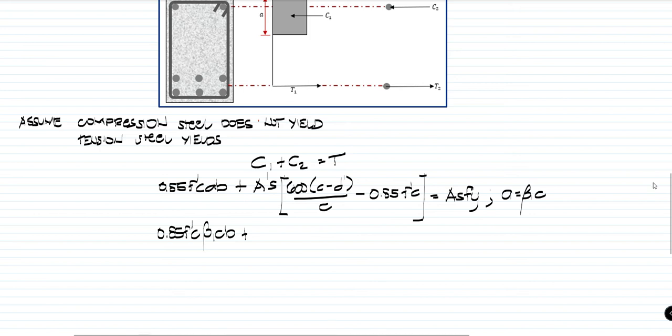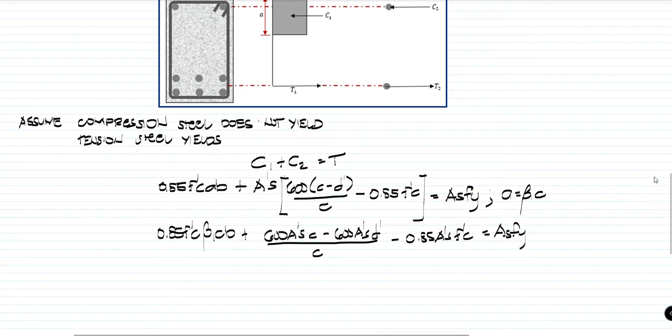So that will be 600 A prime S C minus 600 A prime S D prime, over C, minus 0.85 A prime S F prime C. That is equal to AS Fy.